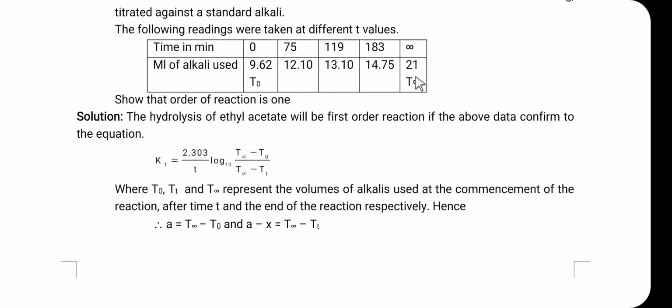That means when the reaction is completed for all practical purposes, the reading is called the infinity reading. Both T0 and T infinity readings are given. These are the readings after time t, that is Tt. So a is calculated as T infinity minus T0, and a minus x is calculated from T infinity minus Tt.